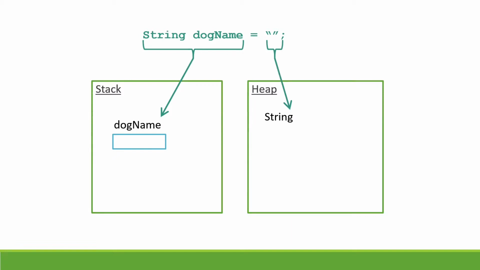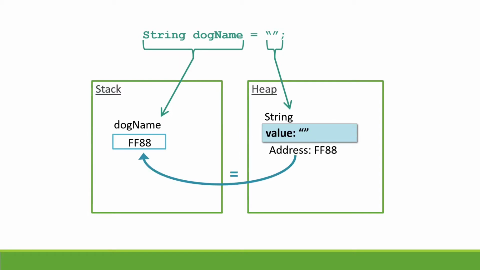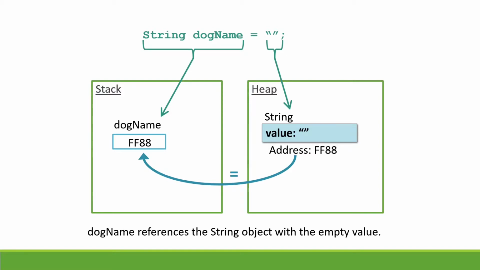And when I assign the empty string, my string object gets created in the heap, but the value property is set to the empty string value. And as usual, the address of that string object is still assigned to, in this case, the dogName variable in the stack. So here, the dogName variable references or points to the string object that happens to have an empty value. Creating a null object looks different.